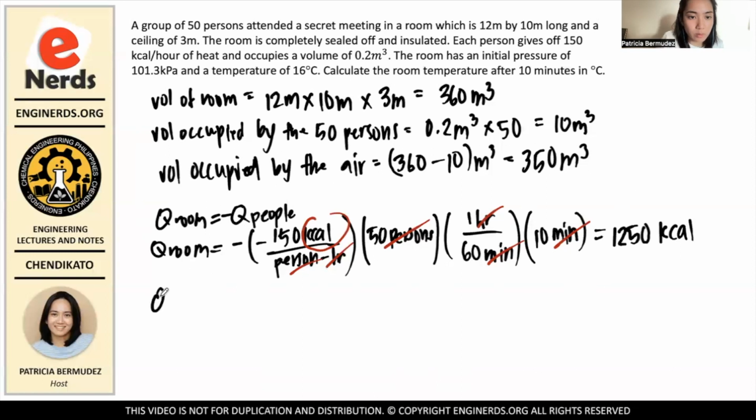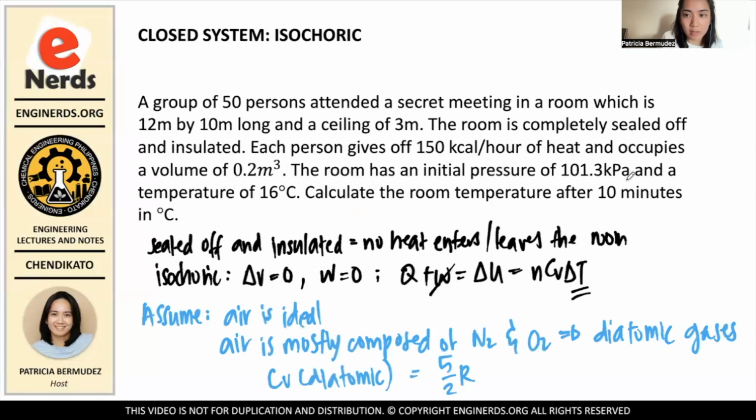So we know that Q is equal to n Cv delta T. There is a missing value here, which is n. So we have to find that out first. We know that the initial pressure is 101.3 kilopascals and the initial temperature is 16. So this one is T1. And the volume is constant. This is the volume.